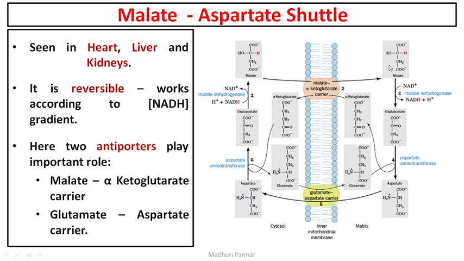Now the third part. What will happen now? The malate, this is the normal TCA cycle reaction. That malate will get converted into oxaloacetate by an enzyme called malate dehydrogenase. This is the last step in the TCA cycle where you are regenerating the oxaloacetate, right? And during this reaction, you are getting one molecule of NADH.